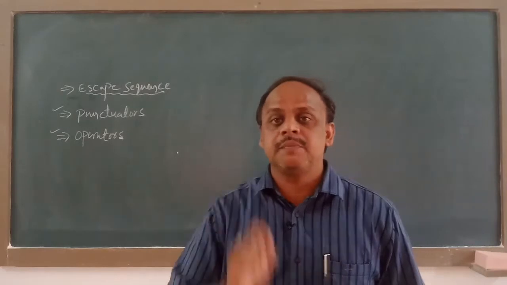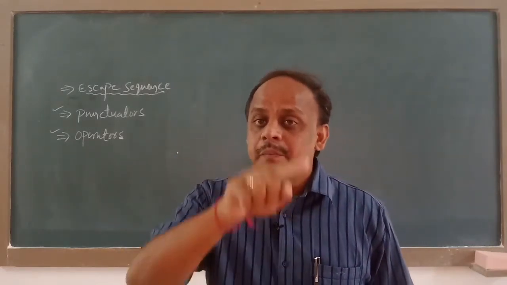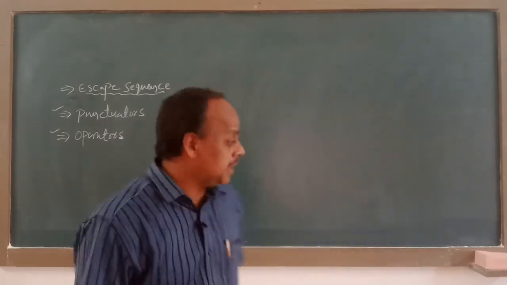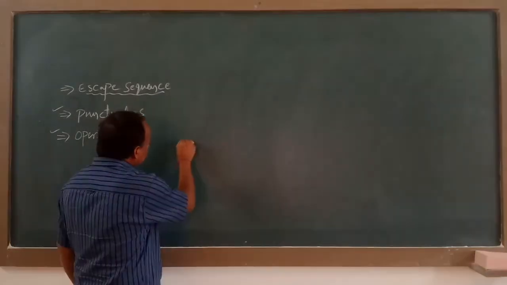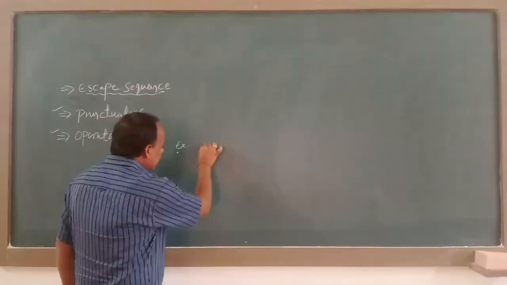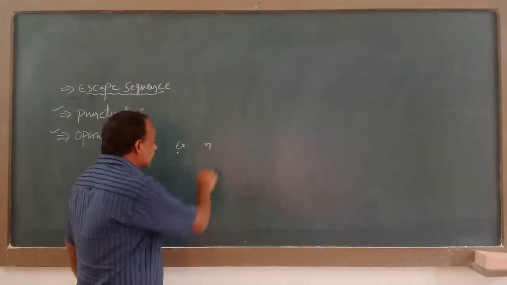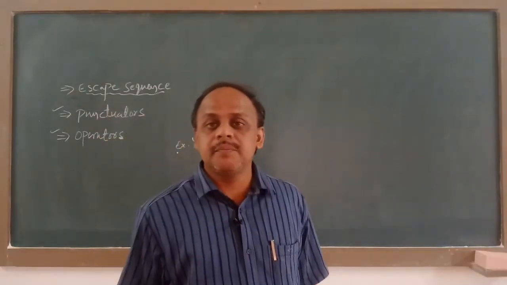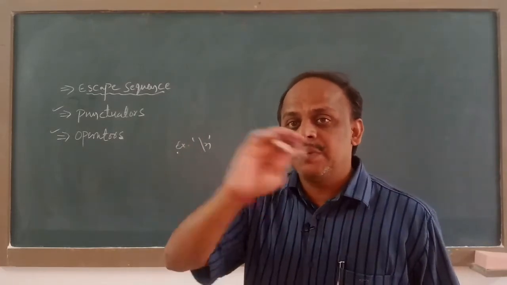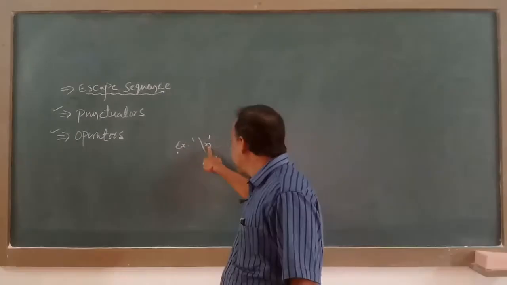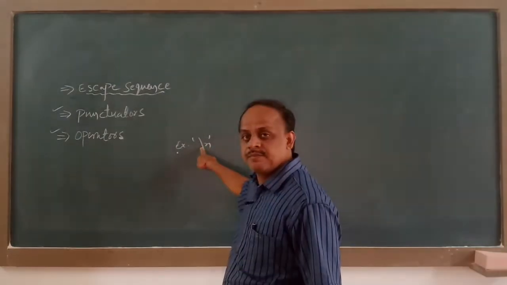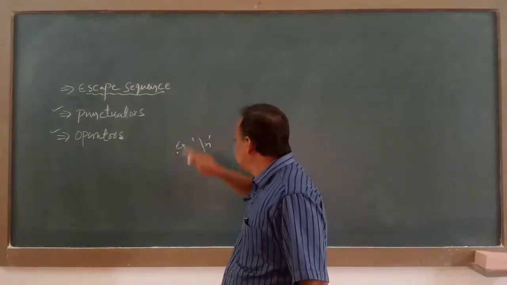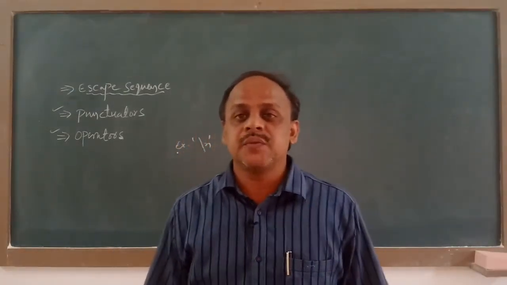In C++, some characters preceded with a backslash, for example the character n, enclosed with a single quote mark, are called escape sequences. That means before that character one backslash is there, and it is enclosed with a single quote mark. Such things are called escape sequences.